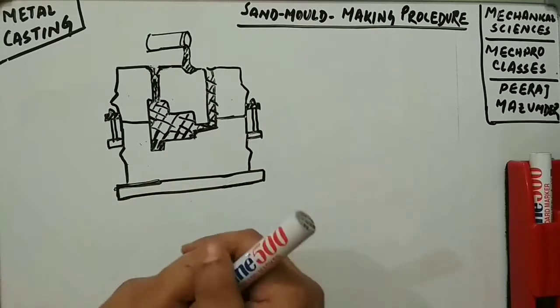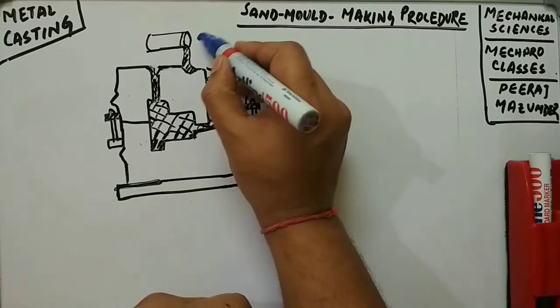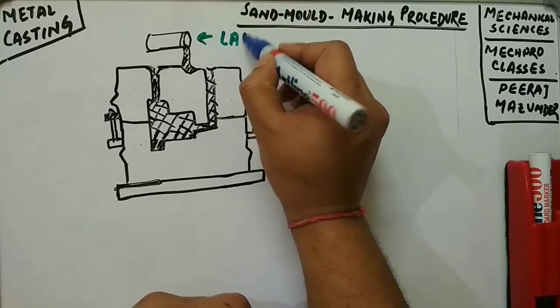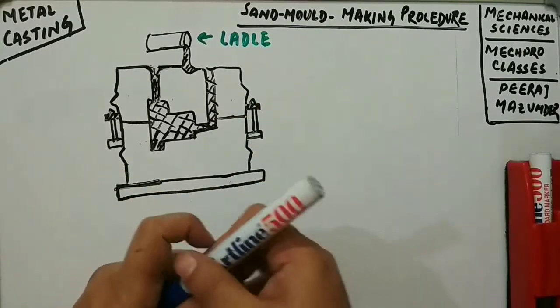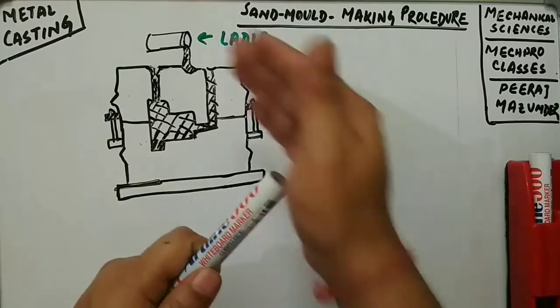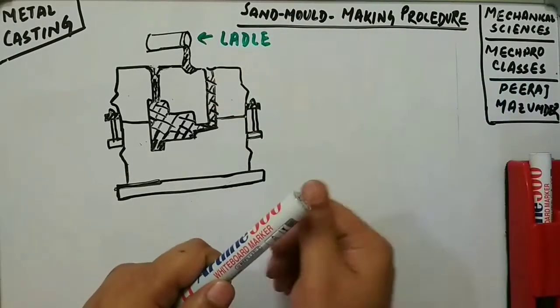And this figure you already know is the ladle, as I discussed in my previous video. The ladle is used for carrying the molten metal from the furnace to the molding box.